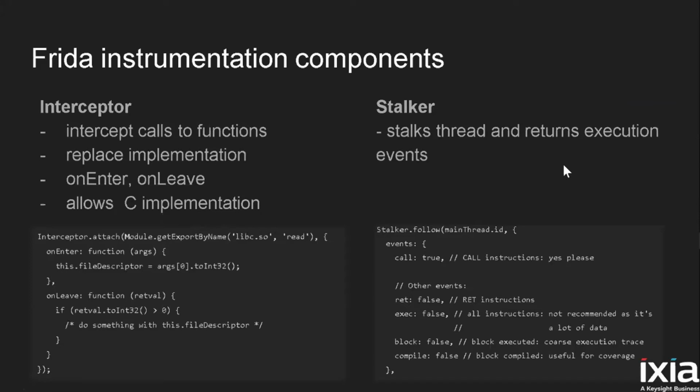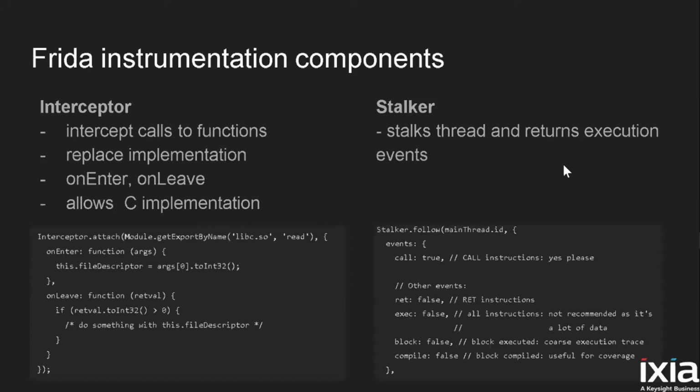How does the actual instrumentation happen? Well, there are two main components that Frida has in order to do that. The first is called the Interceptor, and it allows you to either intercept calls to a function, as we saw earlier, or even replace its implementation. You do that based on onEnter and onLeave functions that we can control and implement.